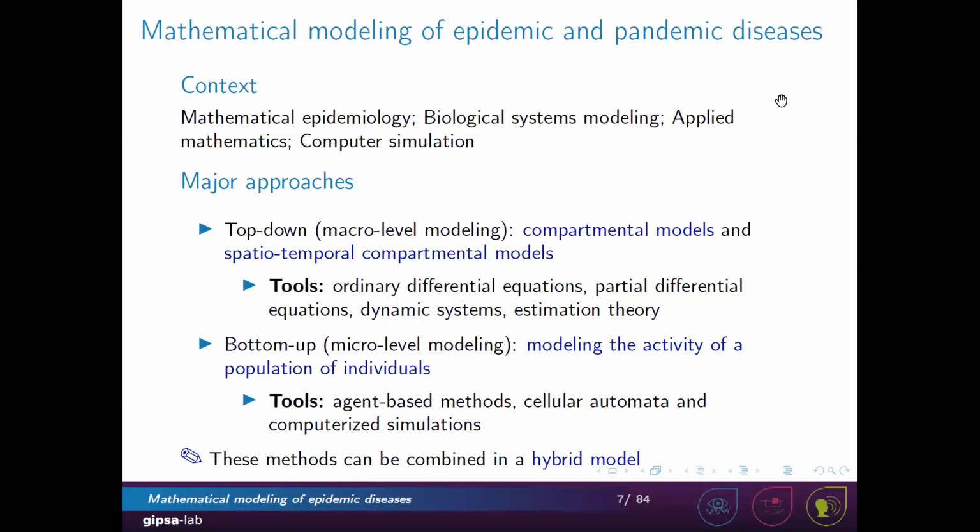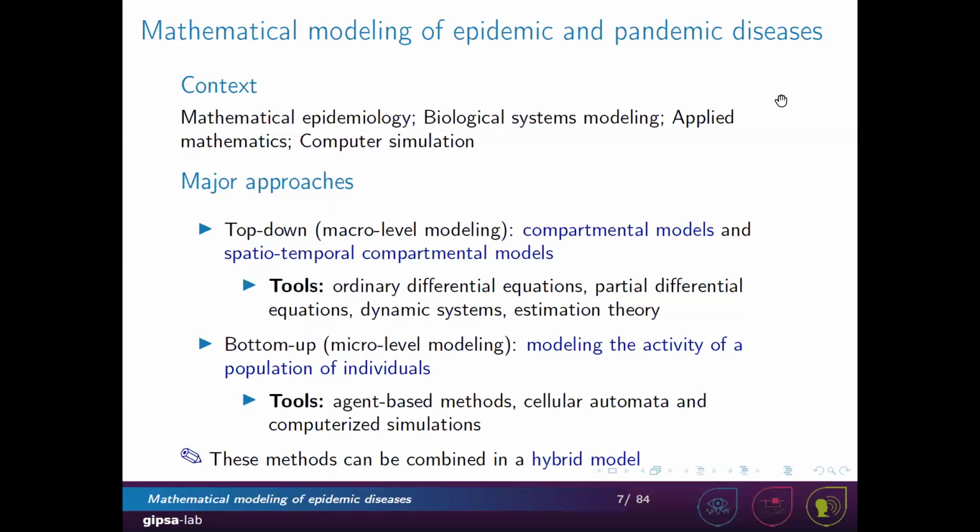The second approach is a bottom-up approach or micro-level models, in which we start by modeling the activity of the individuals inside a population. The tools that we use in this context are usually agent-based methods and cellular automata and computerized simulations.